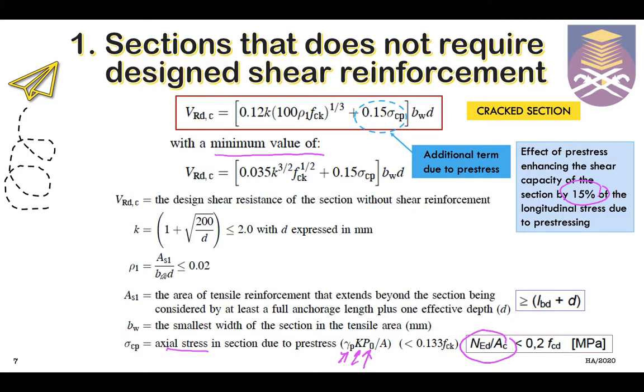This rho L value is also limited to 0.02, so the value should not be more than this. Then we have BW, which is the smallest width of the section. Just in case we have flanged sections, we need to use the web thickness instead of the flange thickness.